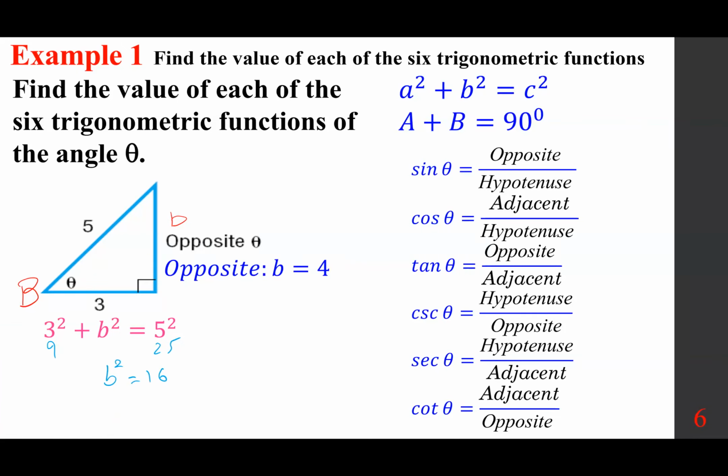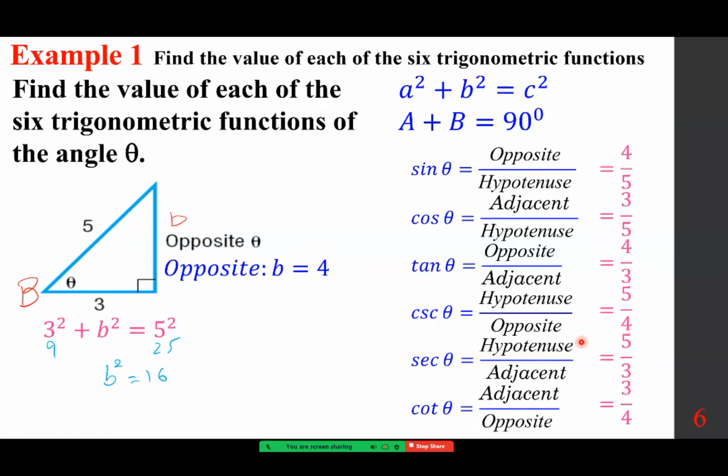So, for example, if I'm interested in sine of theta, it is the opposite, 4 over 5. I want cosine of theta, it is the adjacent, 3 over 5. I want tan of theta, it is the opposite, 4 over the adjacent 3. So I have those, and the rest of them are the reciprocals.